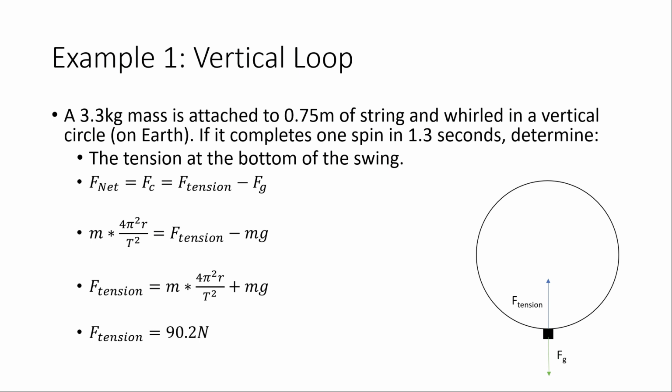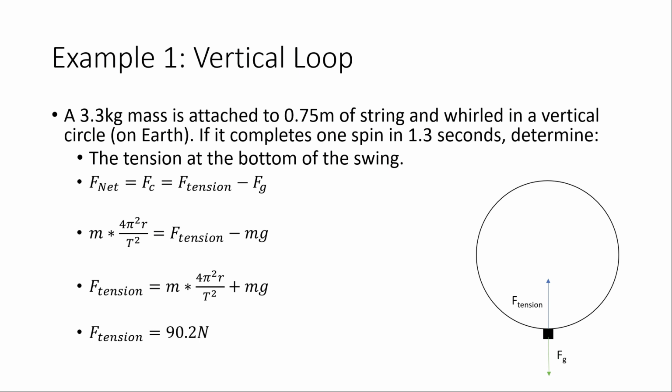Again, feel free to take the time, plug in the numbers, double check my calculator work, but this is the process that we do. We've drawn a really clear diagram. We make sure we know which direction the acceleration is, into the center of the circle, and we construct a net force equation or a centripetal force equation that matches my free body diagram there.